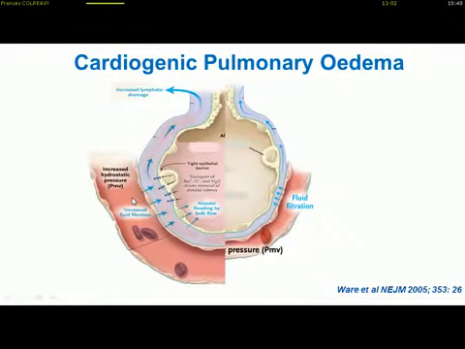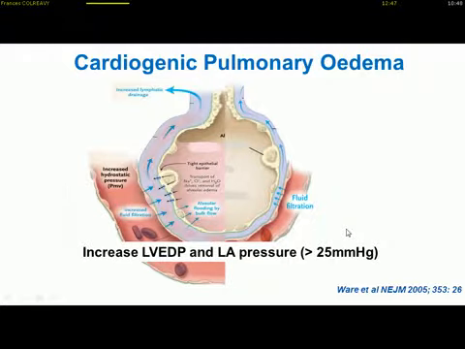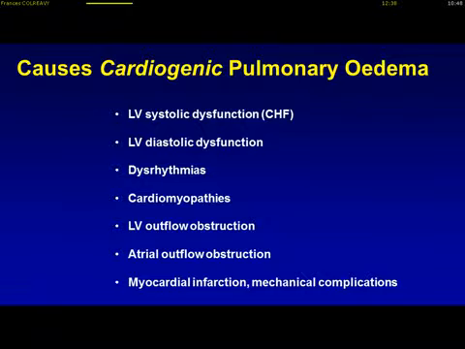For rises in left atrial pressures from about 16 up to 25, that interstitium becomes very distended, but when left atrial pressure passes around the 25 millimeter of mercury mark, the alveoli become flooded.